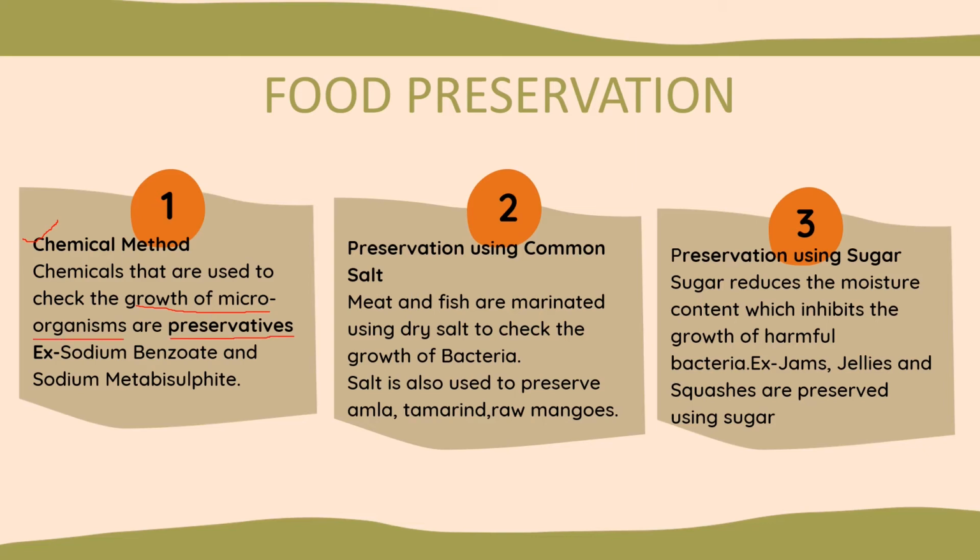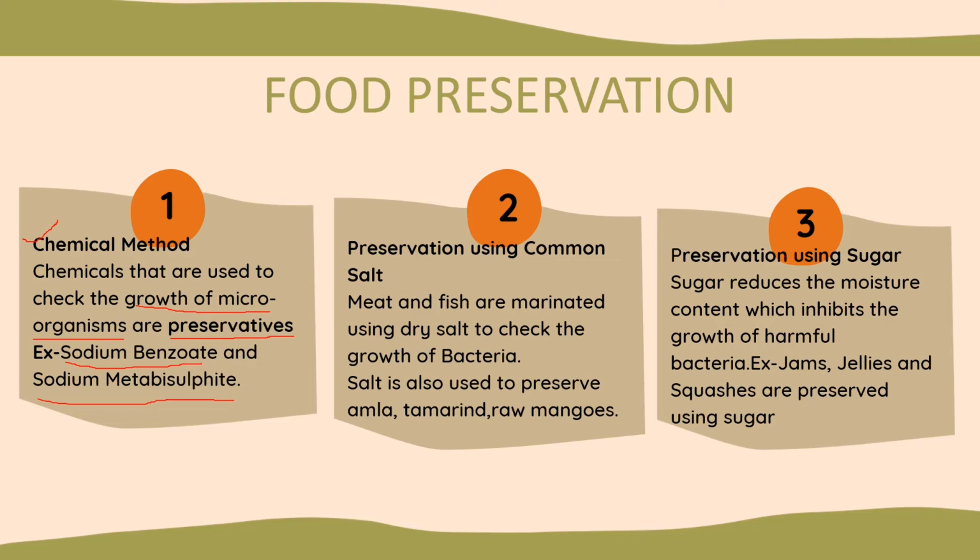Some common chemicals which are used as preservatives are sodium benzoate and sodium metabisulfite. If you check the ingredients on any packed food item, you will commonly see that there are preservatives added to it. They check the growth of microorganisms and prevent the food from getting spoiled.